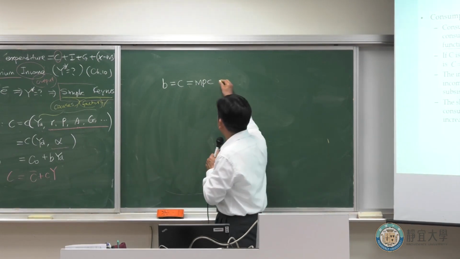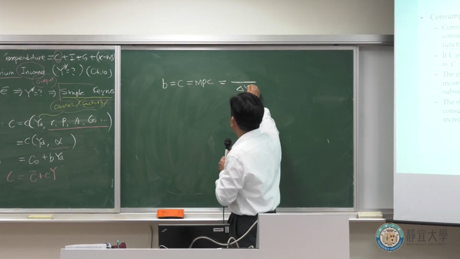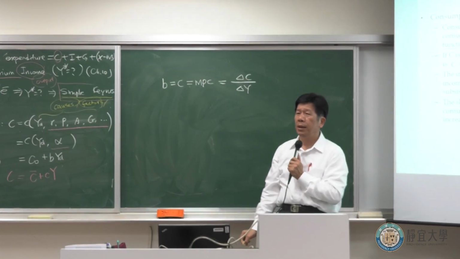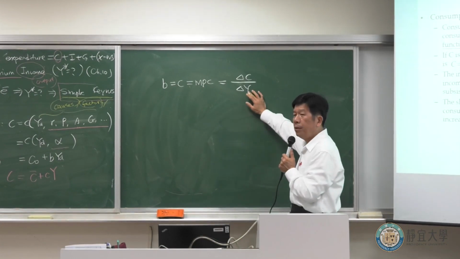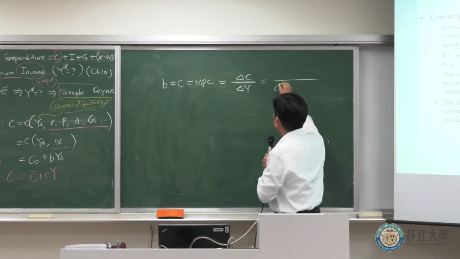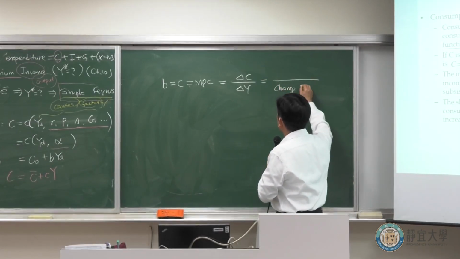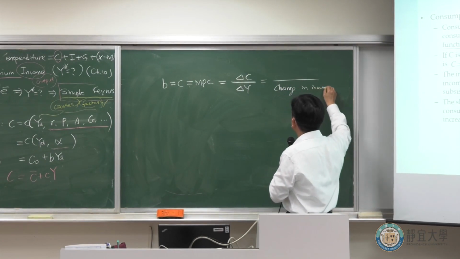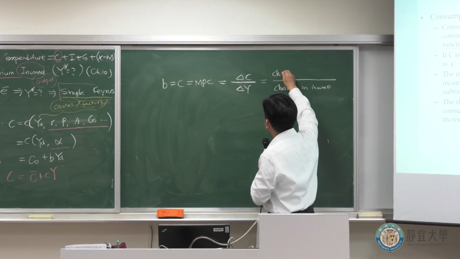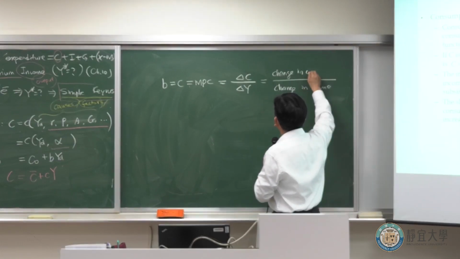Okay, so we can write down delta C over delta Y. Delta Y represents the change in income, or your output, and delta C is the change in consumption.